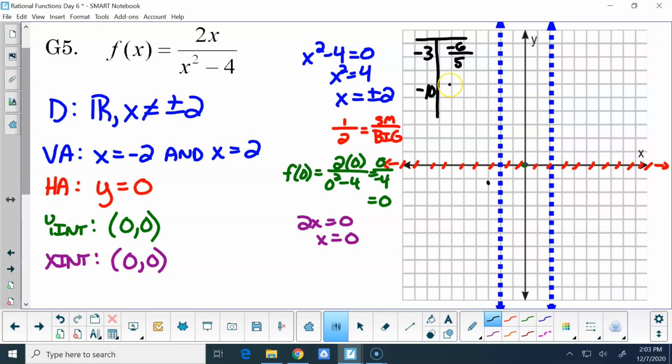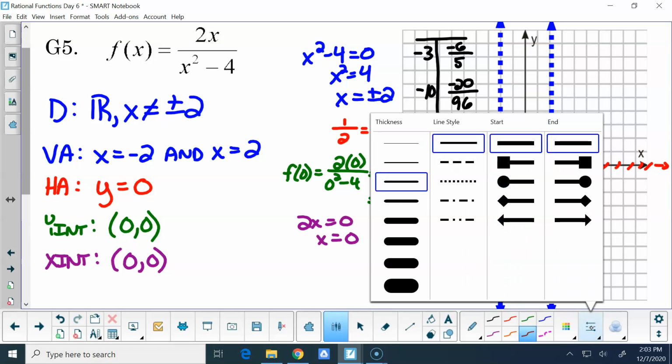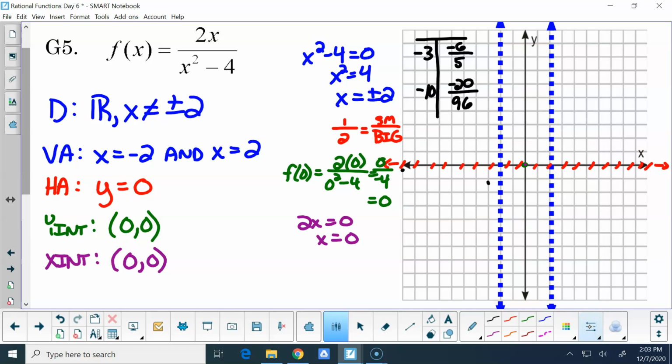So that's going to be negative 20 over 96. That's going to be a little bit less than negative 0.2. So down here in this sector, we got there. I know it doesn't cross the x-axis there because I didn't have an x-intercept.